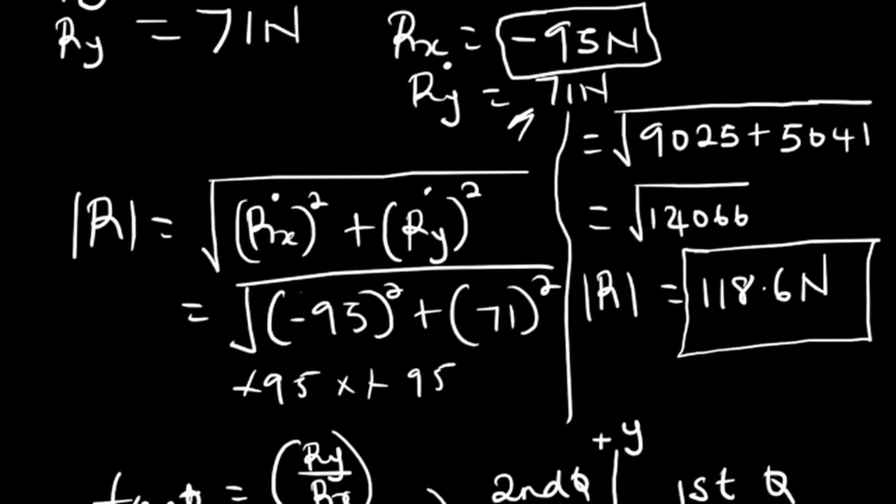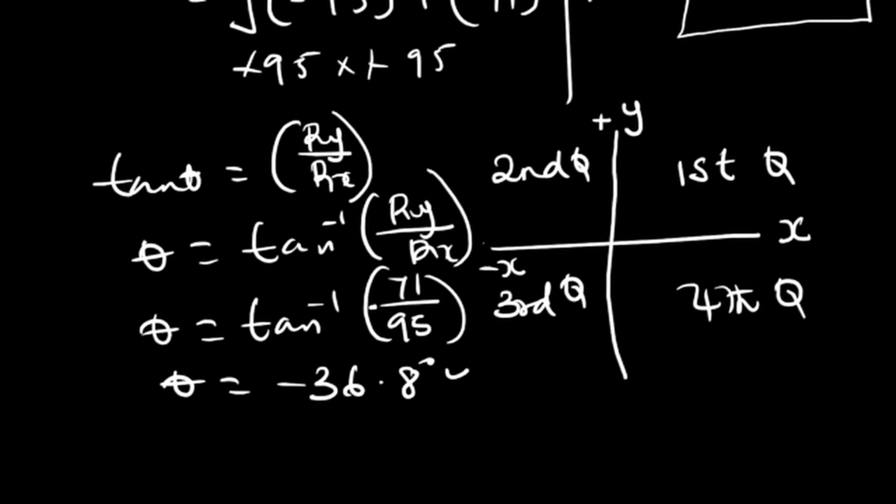It means that since the x is negative and the y is positive, the direction would be in the second quadrant, because y is a plus and x is a minus. In the same way, here is the negative y. If the x component of your vector is a plus and your y component is negative, the angle is going to fall here. So you must pay attention to those signs in order not to get confused.